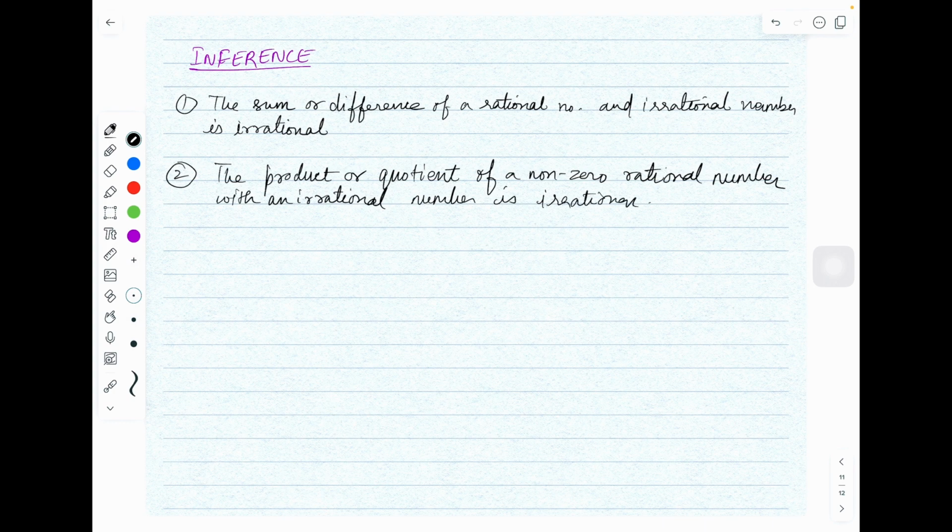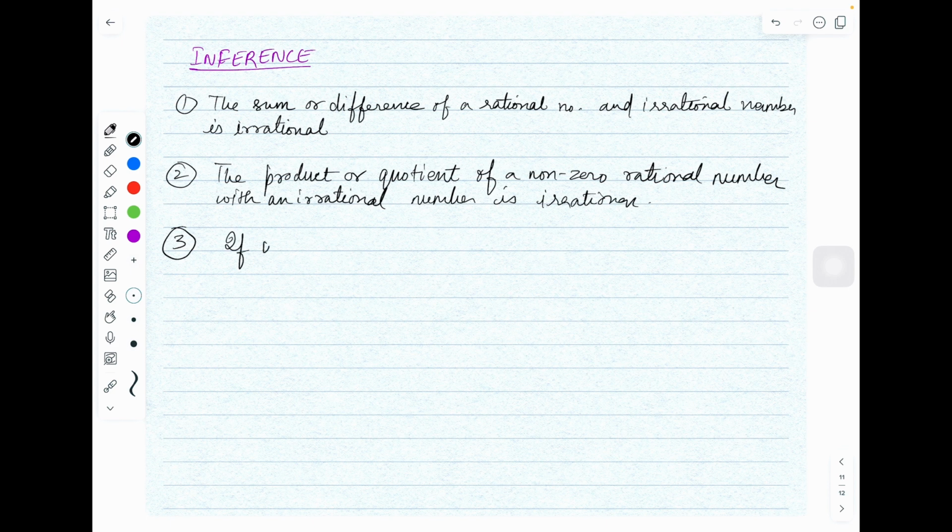Understood? This is stating that the product or quotient of a non-zero rational number. See, in that example we saw, if you multiply a rational and irrational number, or if you divide a rational and irrational number, the resultant number you are going to get is an irrational number.